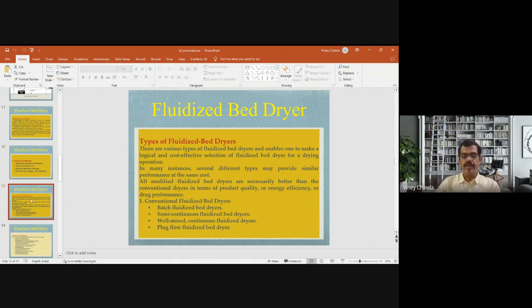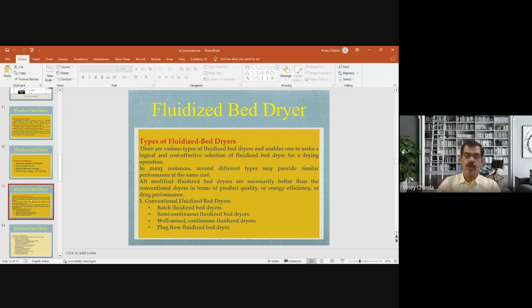There are various types of fluidized bed dryers. Some are conventional, which can be batch fluidized bed dryers, or semi continuous fluidized bed dryers, or well mixed fluidized bed dryers, or plug flow fluidized bed dryers. So we can use, depending upon what type of feed we have, what is the end use of the product, how much percentage of fines can be tolerated in the product.